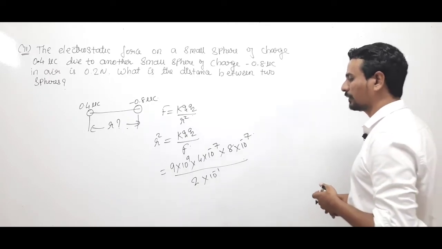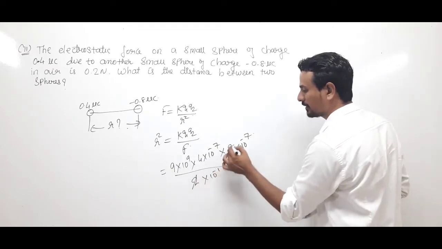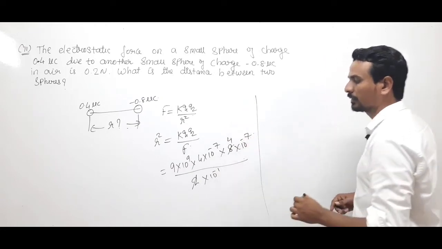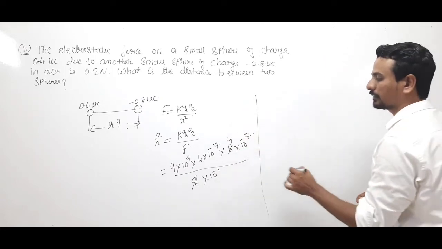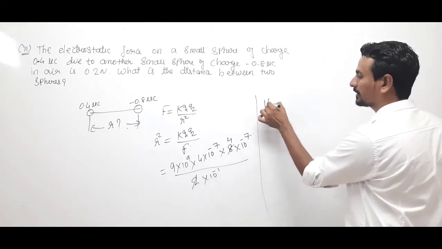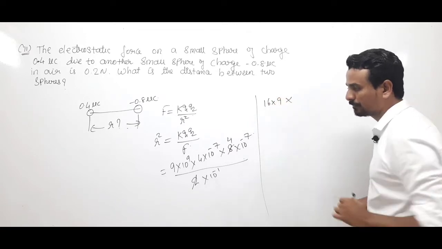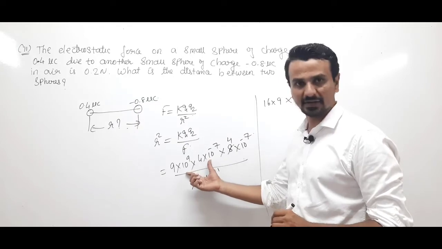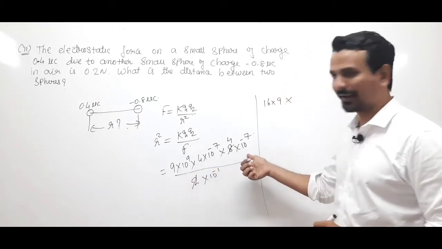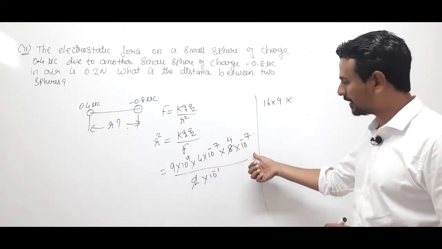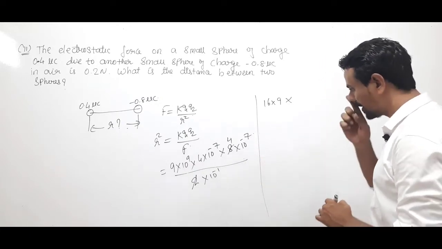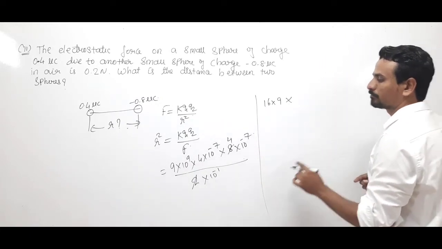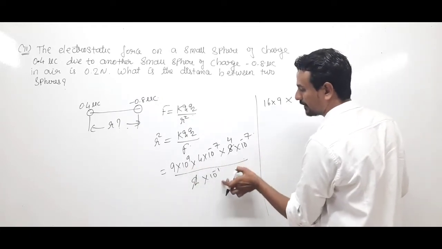Okay. So on solving this will be 4. Okay. So we'll make the power 16 into 9 into 10 raised to 9 minus 7, that is 2. 2 minus 7, minus 5. This will come up, so it will be plus 1. 2, minus 5, plus 1.